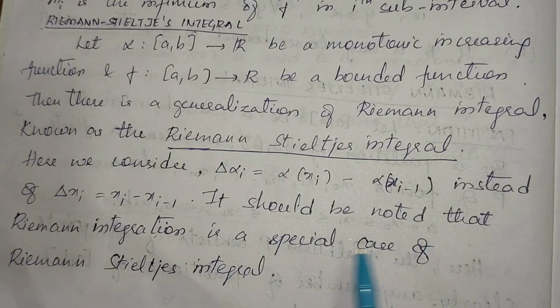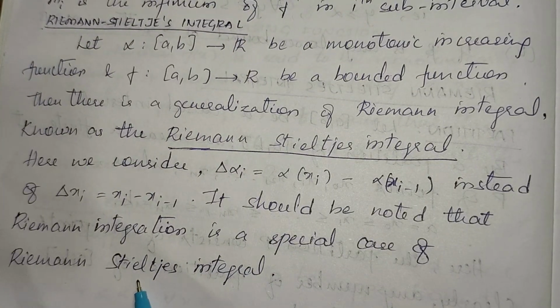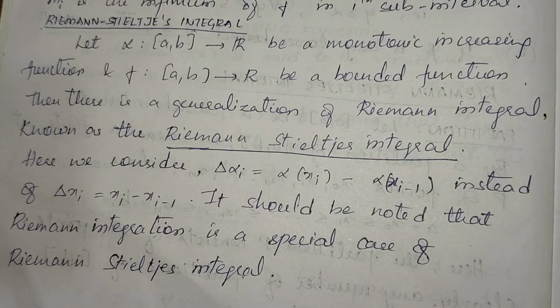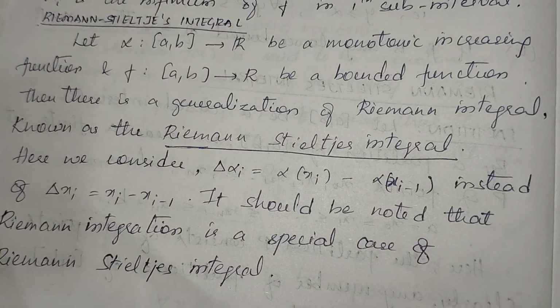So it should be noted that Riemann integration is a special case of the Riemann Stieltjes integral. Okay. So now next we'll move on to the definition of upper sum and lower sum.